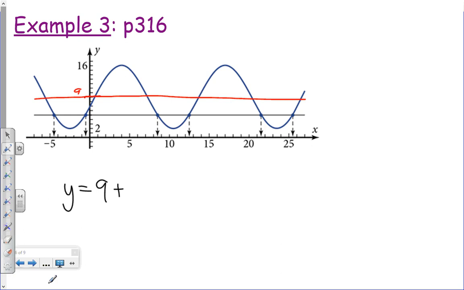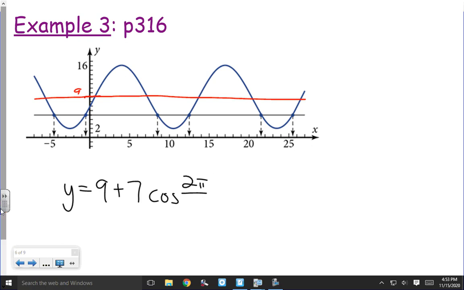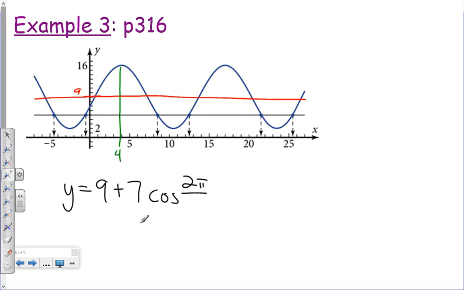Half of that is 7, which would be our amplitude. 9 plus 7 times the cosine of b, remember, is 2 pi divided by our period. And so what's the period of this thing? So it looks like we've got a high point here at 4 and another high point here at 17. So it looks like we've got a period of 13.